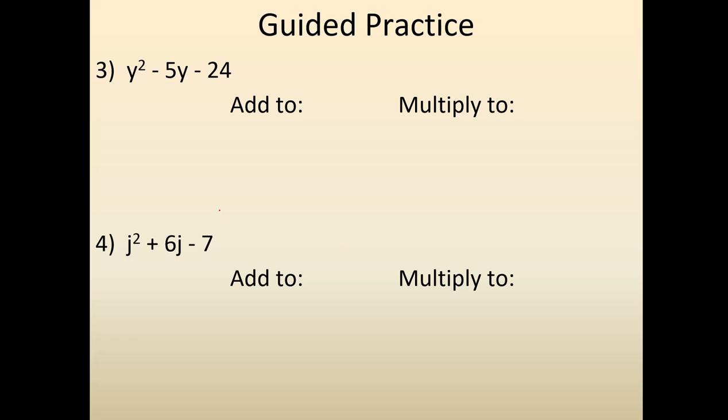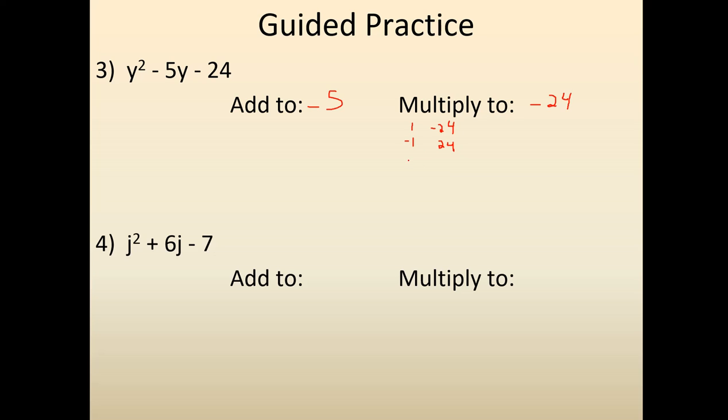All right, so now we're looking for numbers that add to negative 5 and multiply to negative 24. Now, this one's going to take a little bit more time because both of the numbers are not going to be negative or positive together. So I'm going to have to write 1 and negative 24, but then I'm also going to have to include negative 1 and positive 24, since these are two different sets of numbers that will multiply to negative 24.